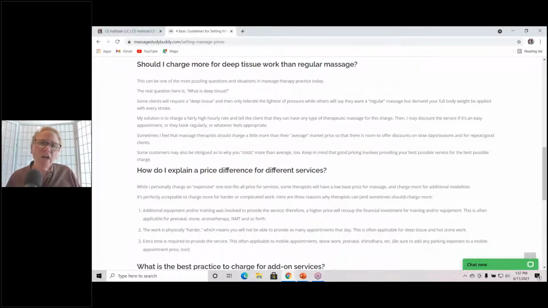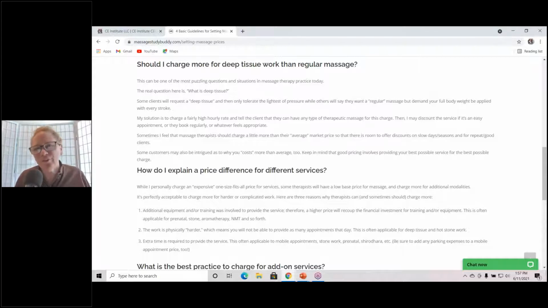The issue becomes when you start separating your menu prices and saying, like, Swedish massage is this price and deep tissue is a little more, is you might have people book the Swedish massage, but they come in and they really want the deep tissue. And that sometimes can get into an argumentative situation with your client when they're like, this isn't deep tissue, this isn't much pressure, but they're just trying to save on the lesser expensive appointments sometimes, and that makes it a difficult, enjoyable experience.